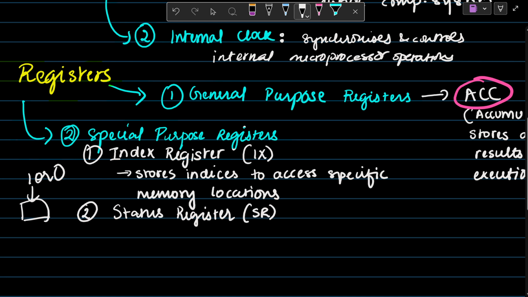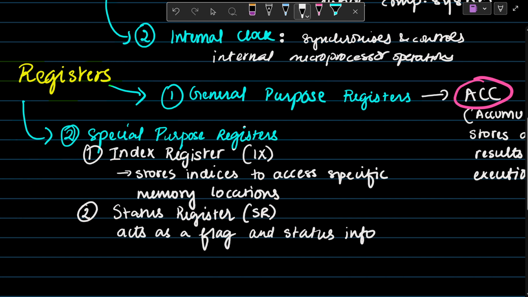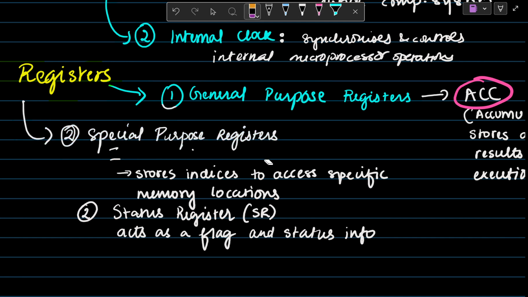It contains flags and status info indicating various operations and conditions in the CPU. So it acts as a flag, and status info is also stored here. Alright, so that is your status register.